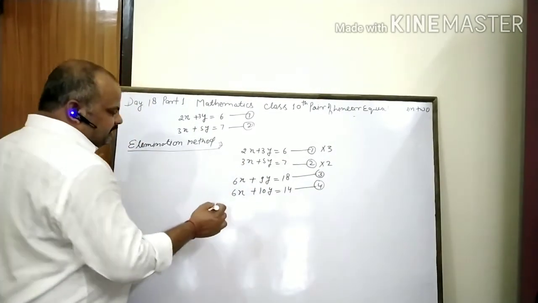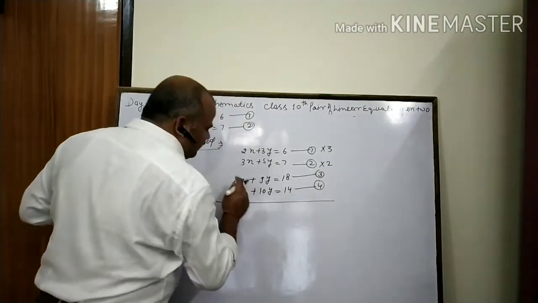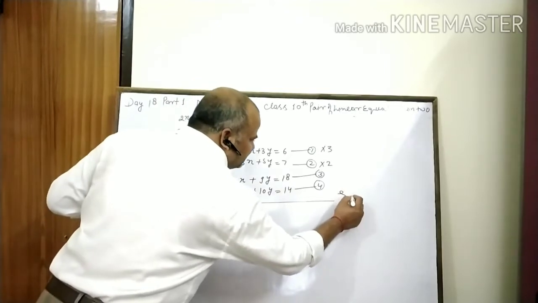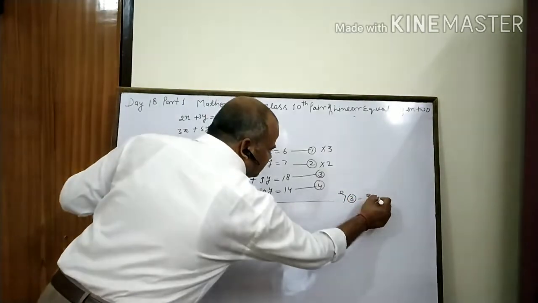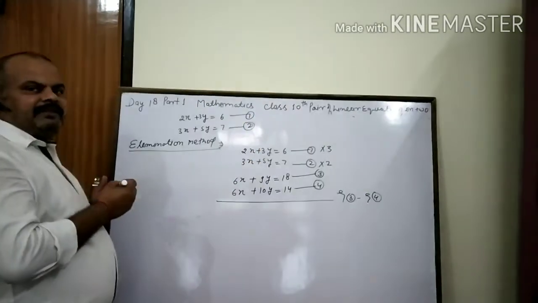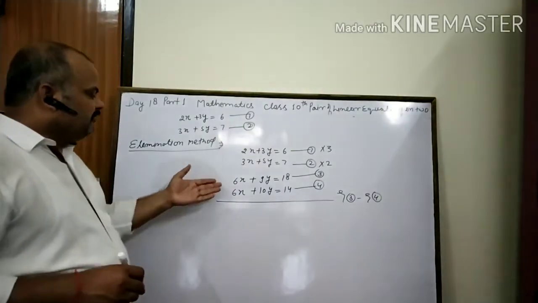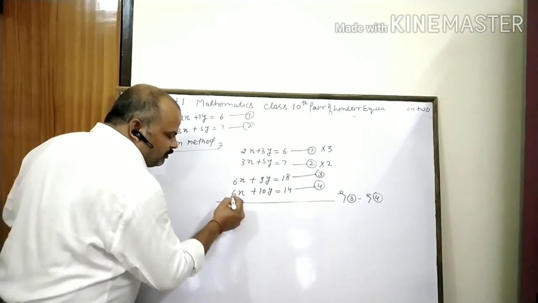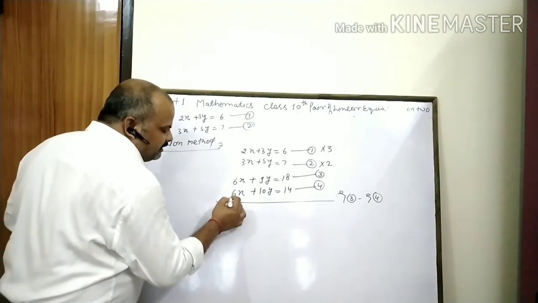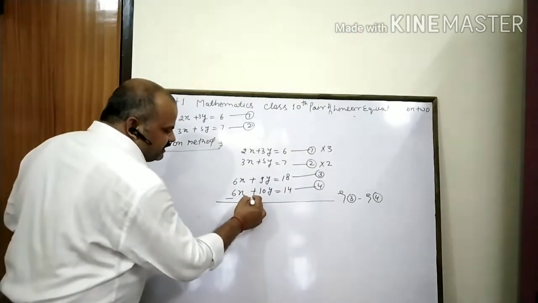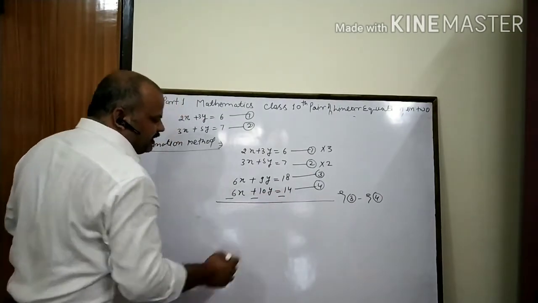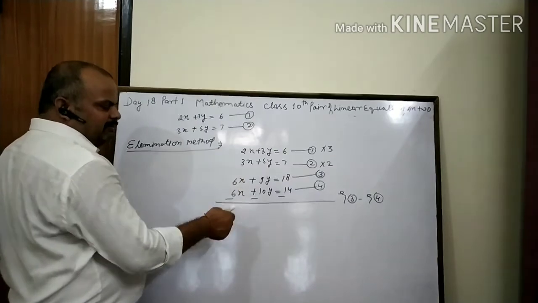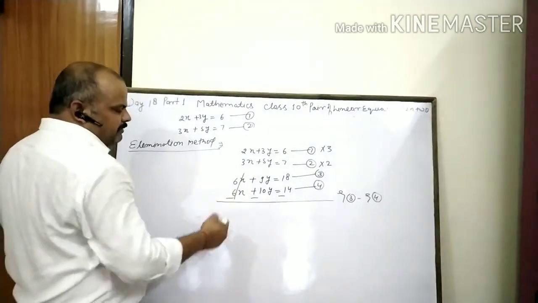And you know that if the like terms and coefficients are equal, then we can subtract equation 3 minus equation 4. You know that in algebraic subtraction, first of all we change the sign. Here it is plus, no sign given means plus, then it is minus, and here plus becomes minus. If the signs are different and the values are the same, they cancel, it means 0.